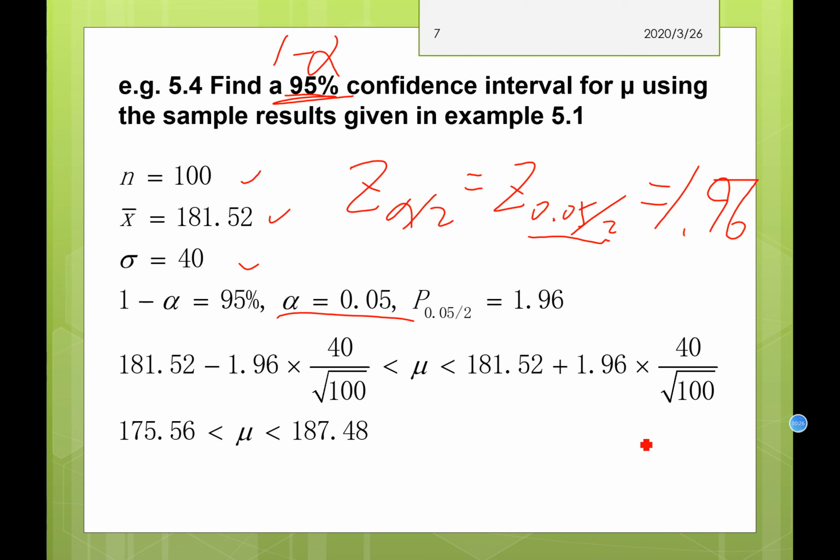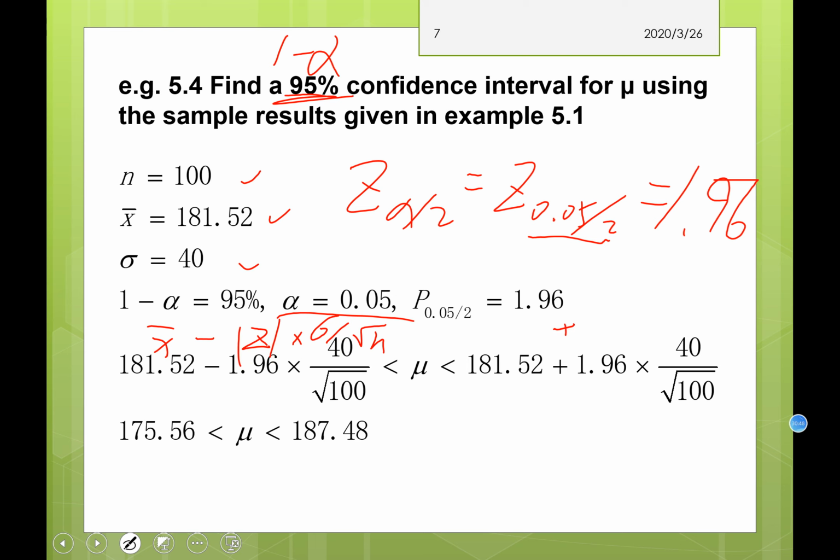Okay, so next one, let's put all the numbers into the formula. The formula, do you remember the formula? Yes, that is x bar minus the absolute value of z times sigma over square root n. And the other number is plus.